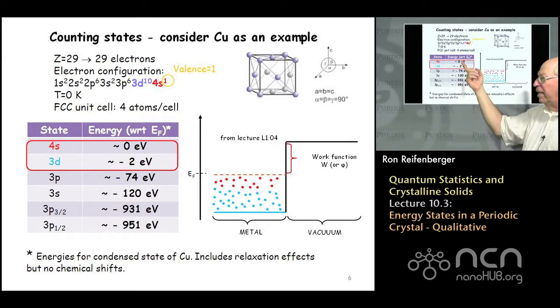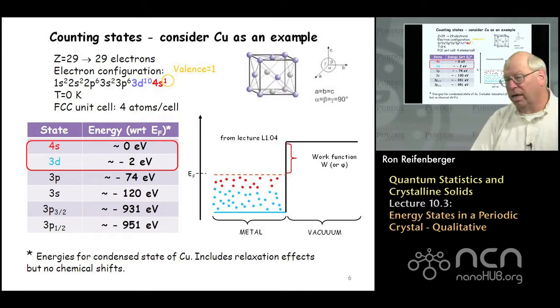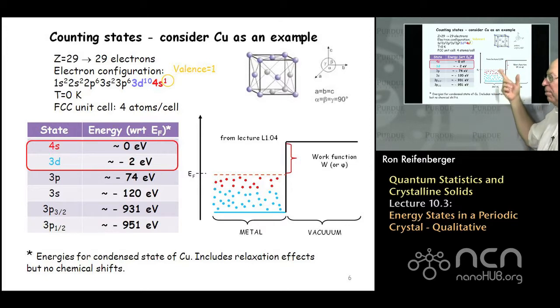The 4s electron lies right at the Fermi energy, and the 3d electrons lie about 2 electron volts below it. So what does that mean? It means that if we try to indicate the position of these electrons inside of a copper metal, we end up with a picture that looks like what I've drawn here.